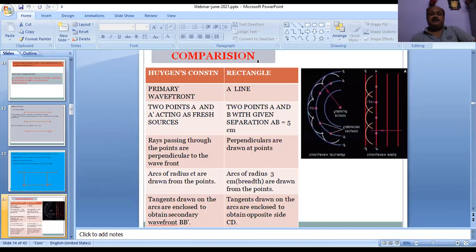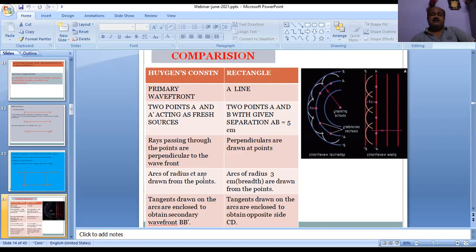So, comparison. In Huygens construction, we have taken the primary wavefront. In the rectangle, I have taken a line. In Huygens construction, 2 points A and A dash act as fresh sources. Here also we have taken A and B, whose distance is 5 centimeter. Rays passing through the points are perpendicular to the wavefront, just as perpendiculars are drawn at the points.